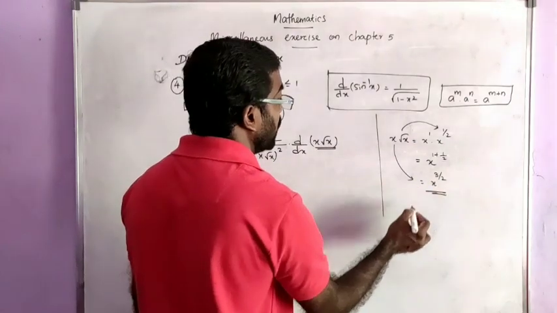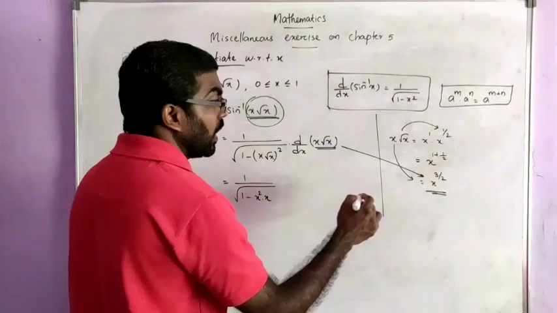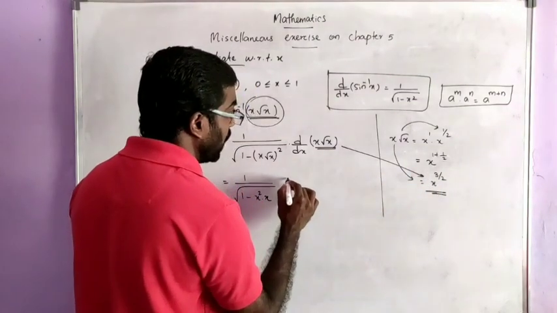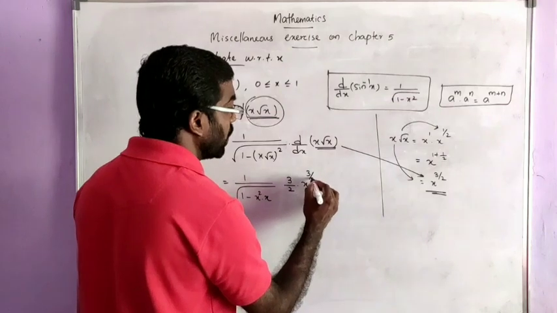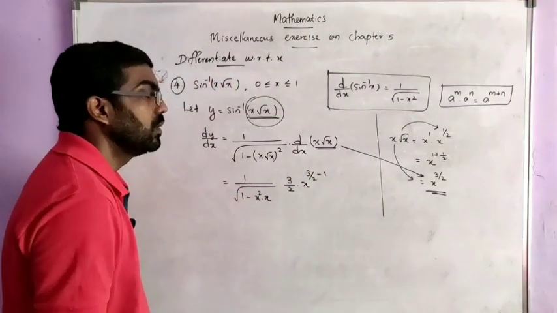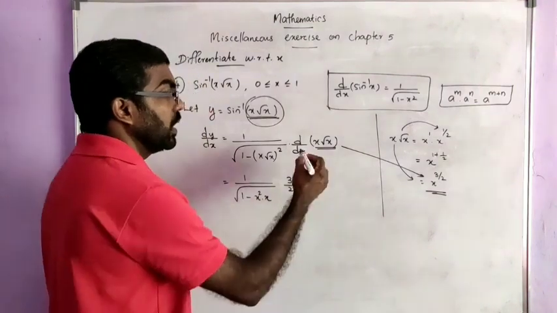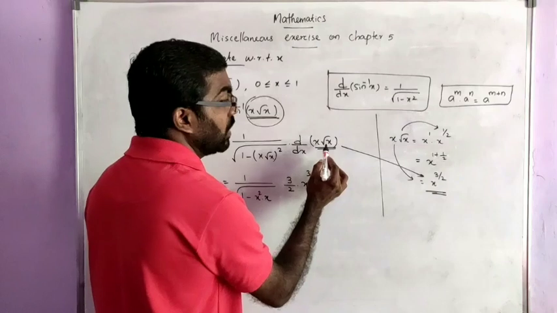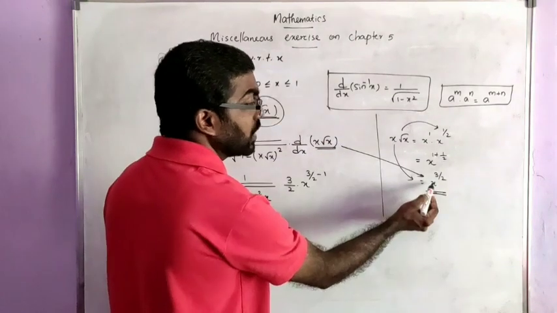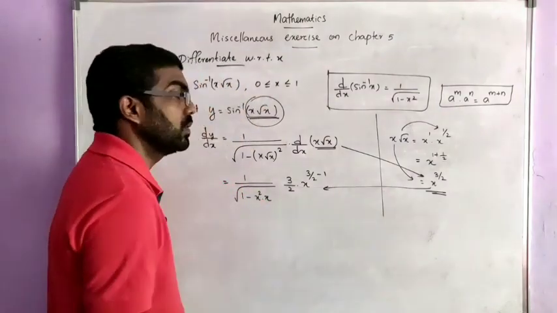That is x root x is equal to x raised to 3 by 2, and here we are going to find the derivative of this term, that is x raised to 3 by 2, and the derivative of x raised to 3 by 2 is 3 by 2 into x raised to 3 by 2 minus 1. Okay, n x raised to n minus 1. Here we have to find the derivative of x root x, and we write x root x as x raised to 3 by 2, then we find the derivative.